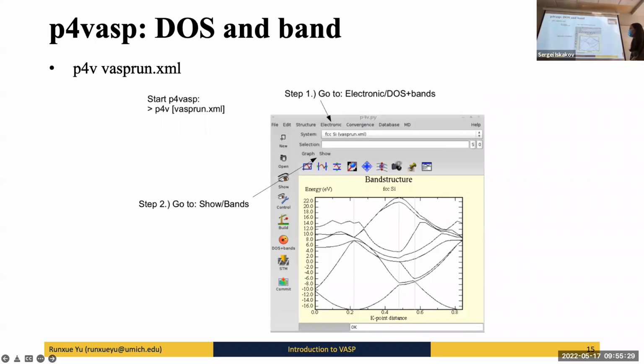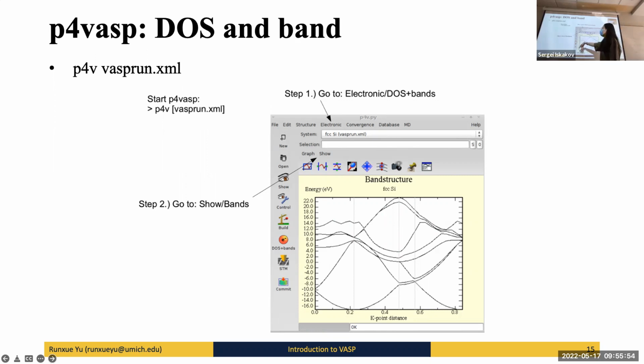And there is another useful technique. It's called plot for Vasp. It will directly give you the density of states and the band structure from this kind of software or code.